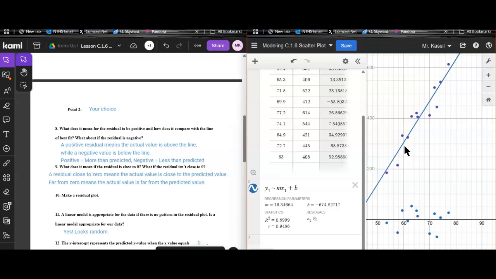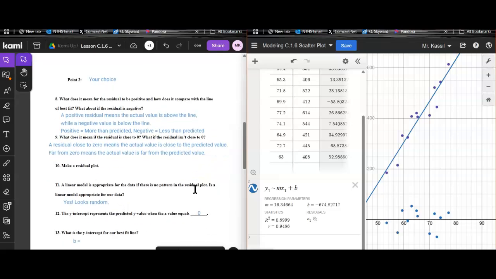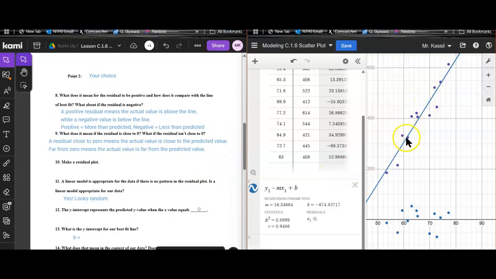Real life isn't that predictable. So a line of best fit would have residuals that look random. And so, do these look random? Absolutely. I can't tell a predictable pattern with any of these dots. And so, that informs me that this is a linear model and that this is the best line to fit our data.